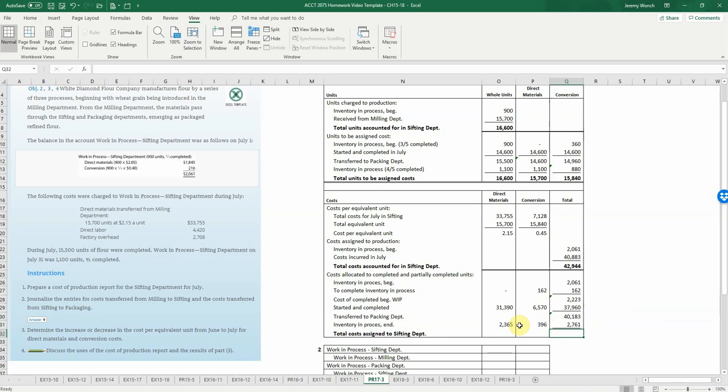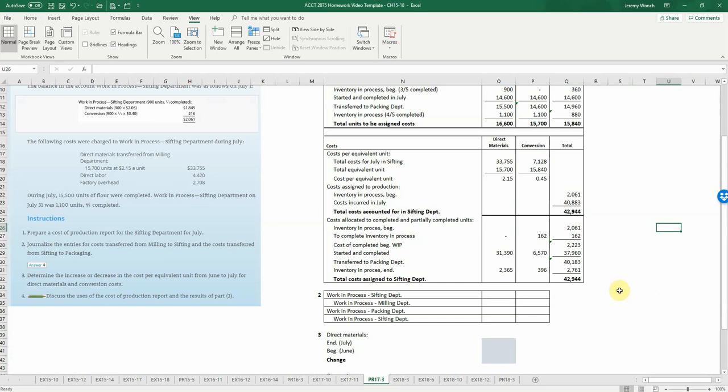And so costs related to that are going to be 2,761. So we take what was finished and transferred from our beginning, plus what was started and completed, plus what was in ending work in process, add that all up, and so we have total assigned costs of 42,944. That matches what we figured out up here, so everything has been accounted for.